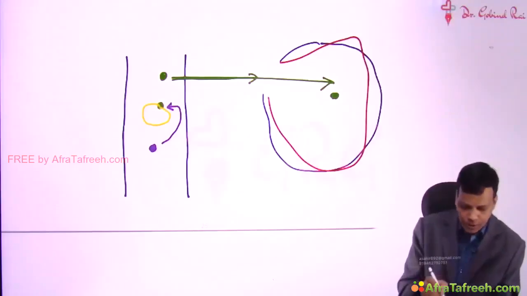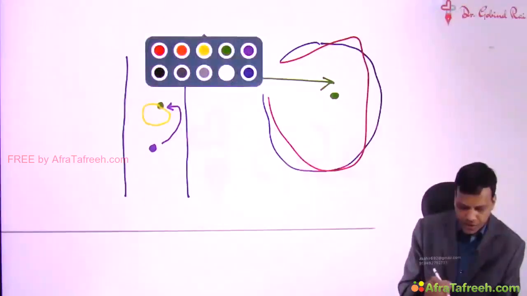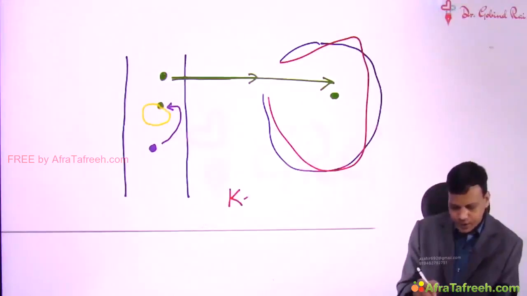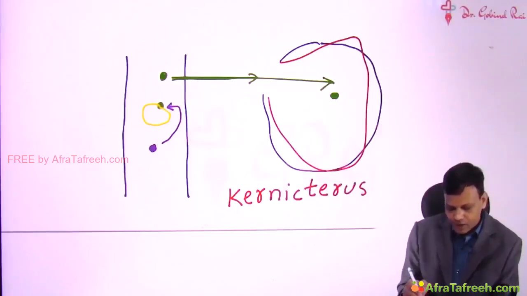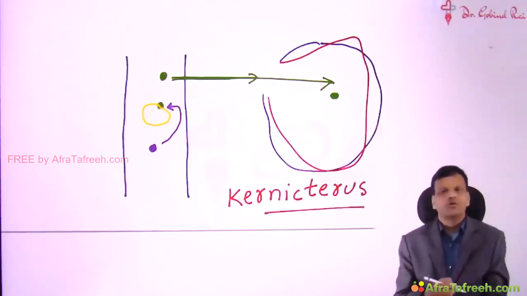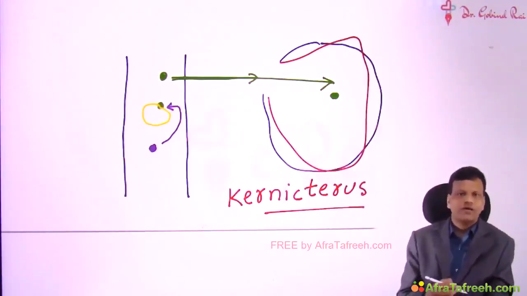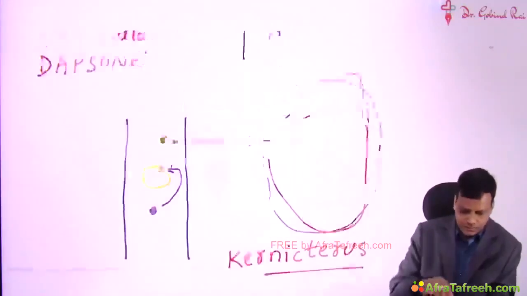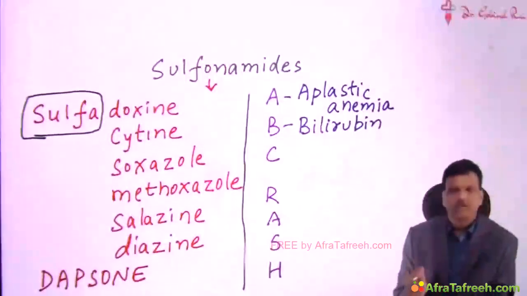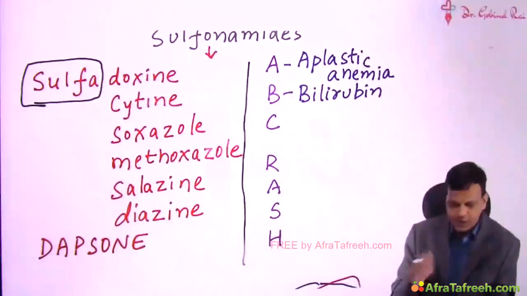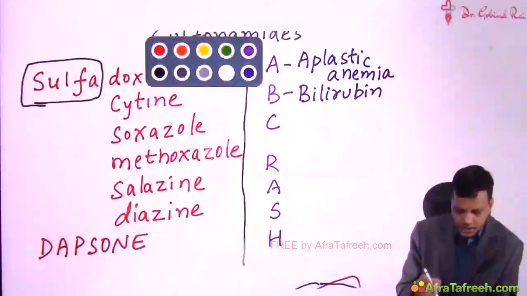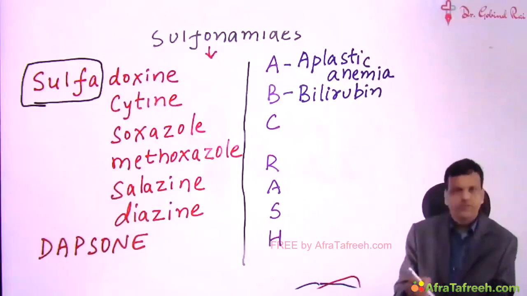And deposition of bilirubin in the basal ganglia of the brain is called kernicterus. So sulfonamides should not be given to newborn babies because of risk of development of kernicterus. So B for bilirubin. Sulfonamides can displace bilirubin which can result in kernicterus in newborn babies.